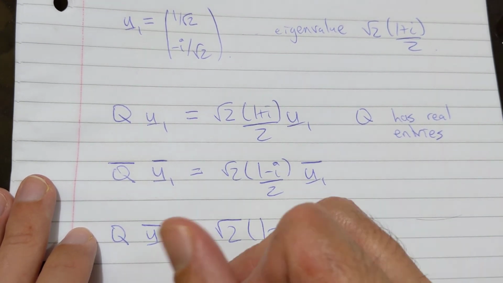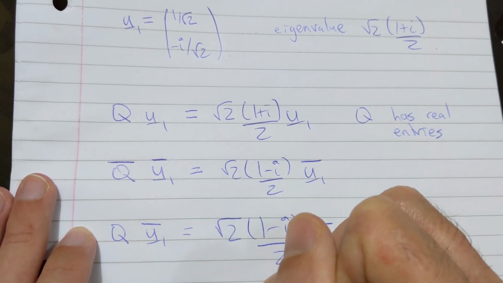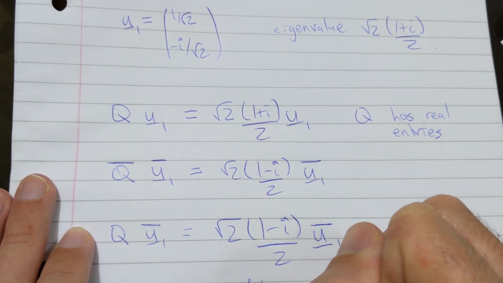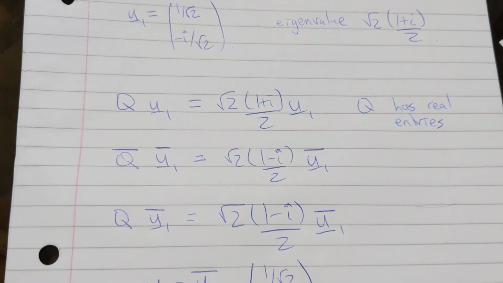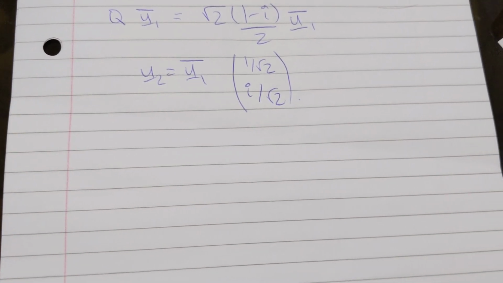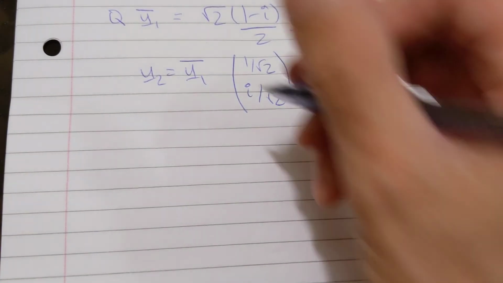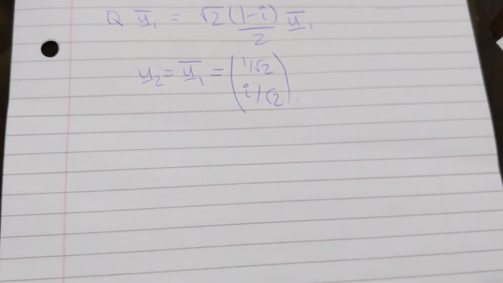What's the conjugate of u1? We'll call that u2. That's just going to be 1 over root 2, i over root 2. Anyway, here's u2. Sometimes that's nice: you get an eigenvalue and an eigenvector for free.